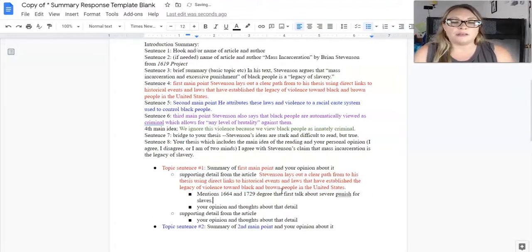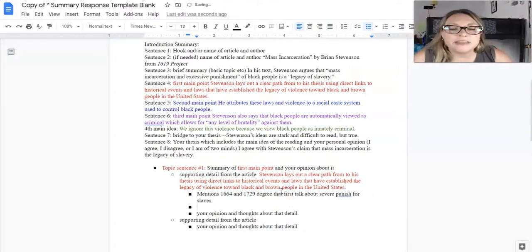You can see this doesn't exactly follow step by step, but it gives an idea of where I plan to go with this. And then I would also talk about the black codes, just mention them. I don't need to go into a whole lot of it, but the black codes, Jim Crow laws, and then today, things like three strikes. Those are all things that he mentioned.